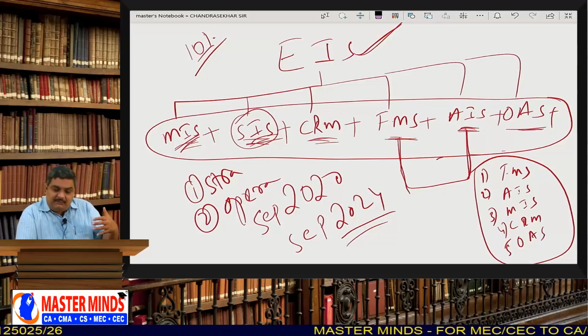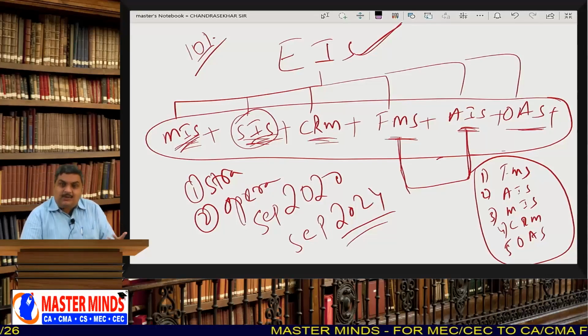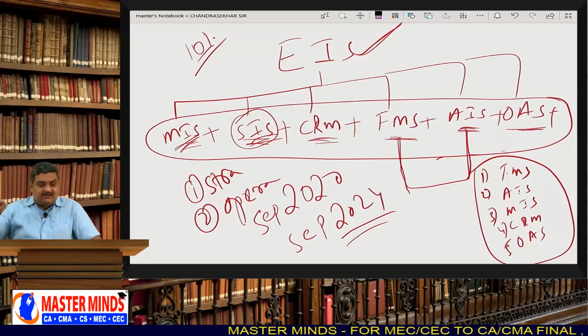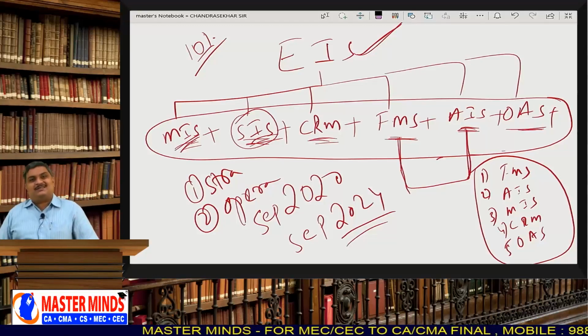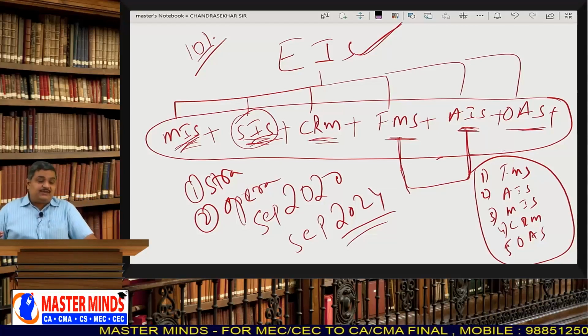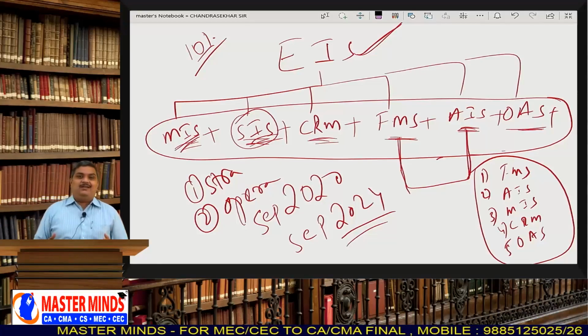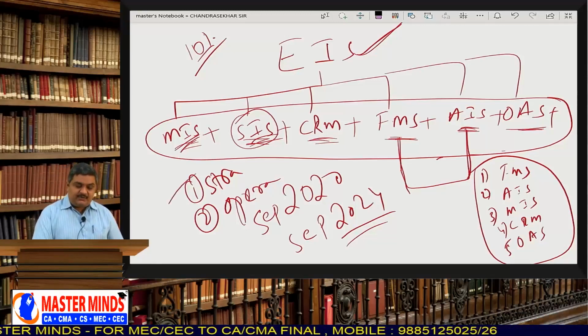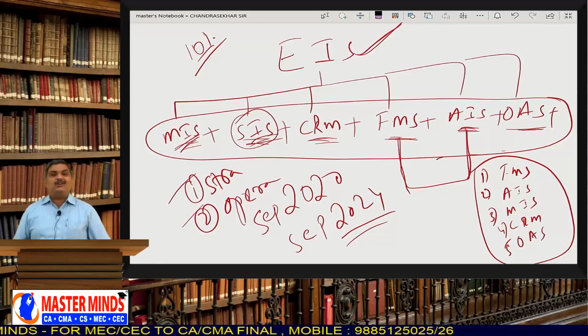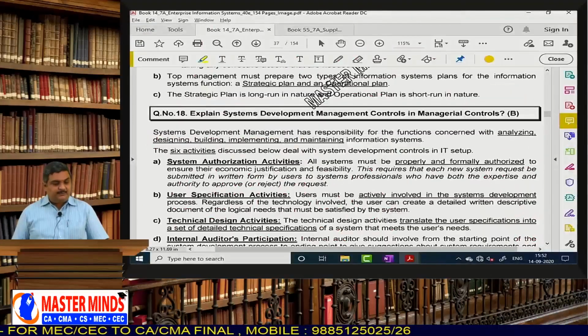Likewise, in our organization also, we have to build an information system in phases. Building an information system does not happen all at once. And top level management should have a strategic plan and an operational plan for that.